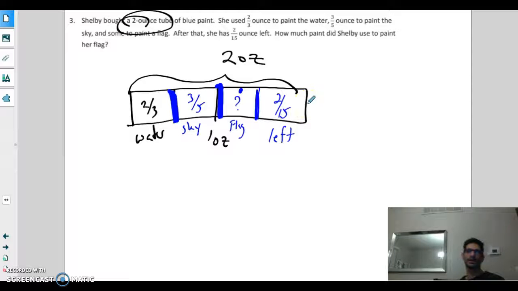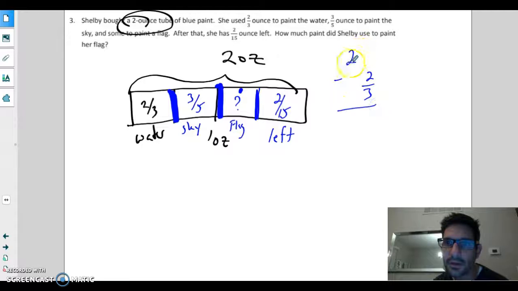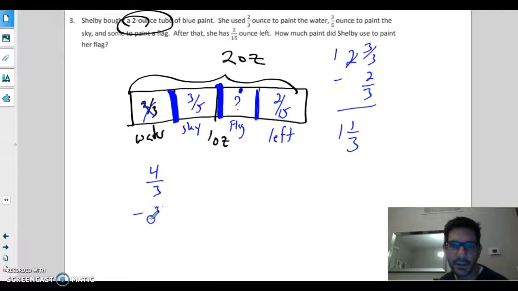All right, let's do it. Okay, good luck. All right, so what I'm going to do is 2 minus 2/3. So I'm going to borrow, make that 1. I'm going to make that 3/3. I'm going to get 1 and 1/3. So I got that done. So then I got to do 1 and 1/3 minus 3/5. I'm going to change that to 4/3 minus 3/5. 15 over 15 there, times by 3, times by 3.